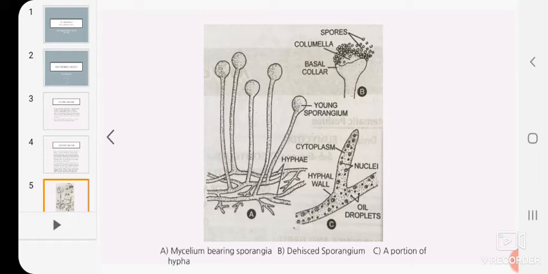And in this picture, there's another diagram which is showing the dehiscence of the sporangium. So the spores are exposed and they are carried by wind currents, and we'll discuss asexual reproduction after this.